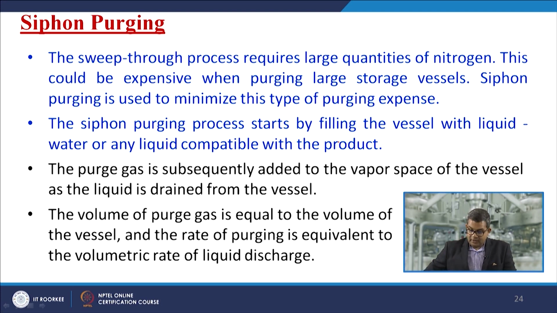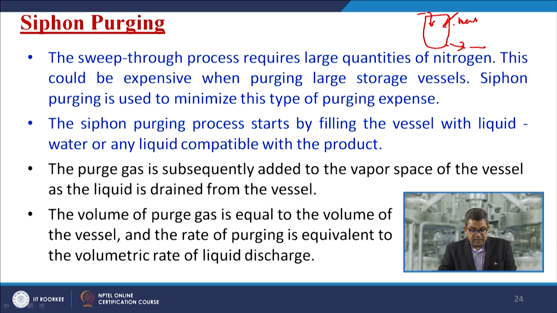So it is just like this, that you have this vessel, you fill it with the liquid, and then you introduce the inert gas, and simultaneously you withdraw the filled liquid or water in this case, so that you can inert, because there will be no room for air to entrap, so that the concentration of oxygen would remain low as desired.